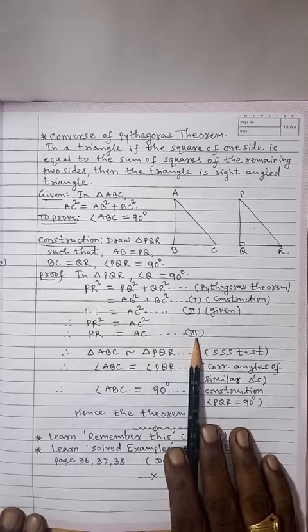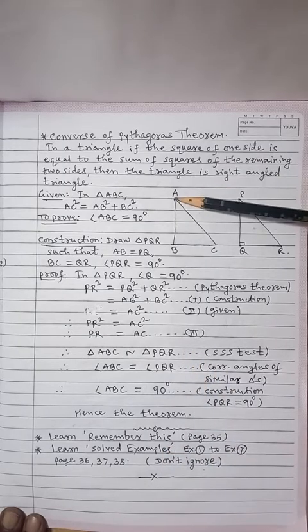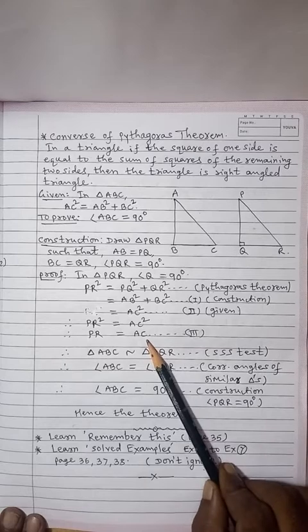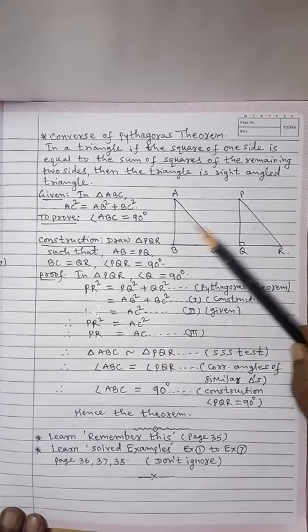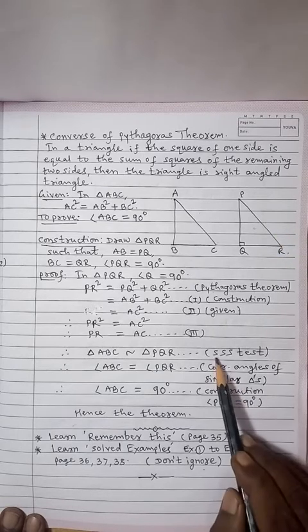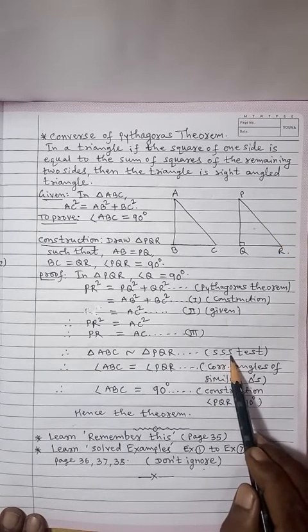Okay, now pay attention. In triangle ABC and triangle PQR, AB is equal to PQ, BC is equal to QR and AC is equal to PR. We have obtained the result. It means these two triangles are similar by side test.